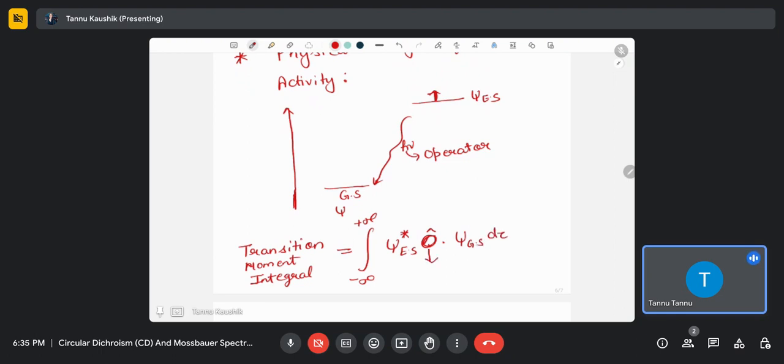So this operator is the change in dipole moment. That is, this is dipole moment operator.